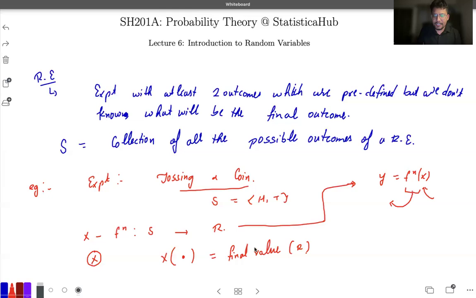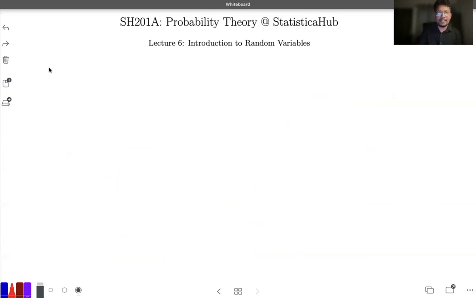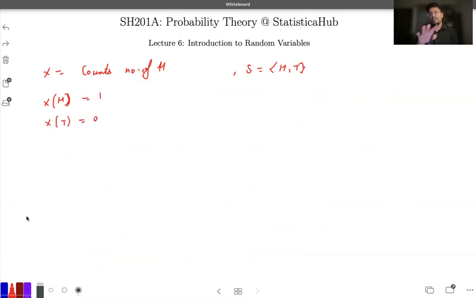In this example, my X random variable counts the number of heads. When I say X, you can take the sample space S, that is H, T. If you introduce H, the output comes out to be 1. You introduce T, you get a value 0. So that's how a random variable is defined.